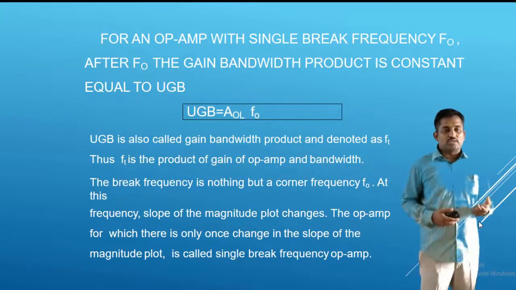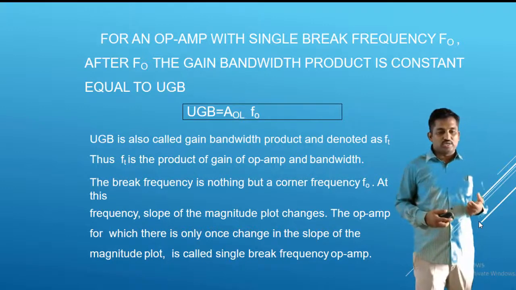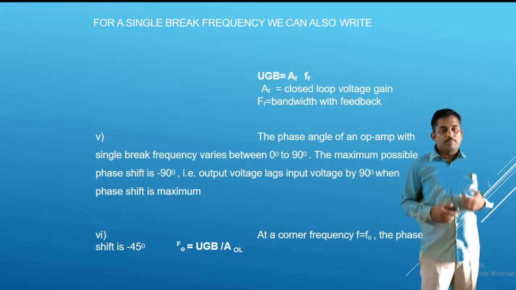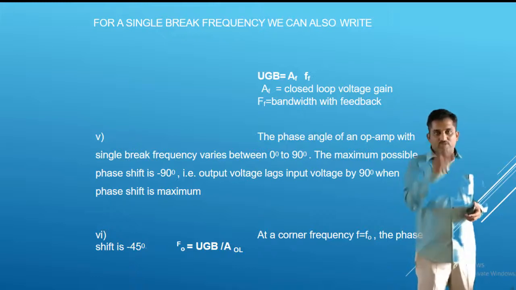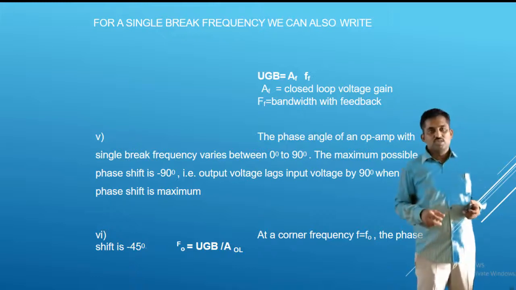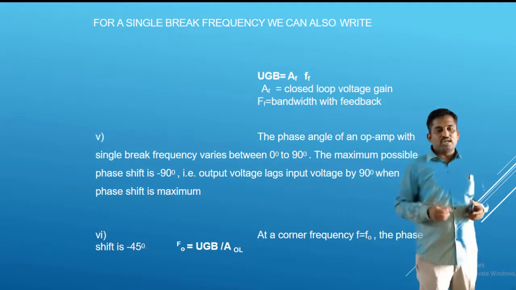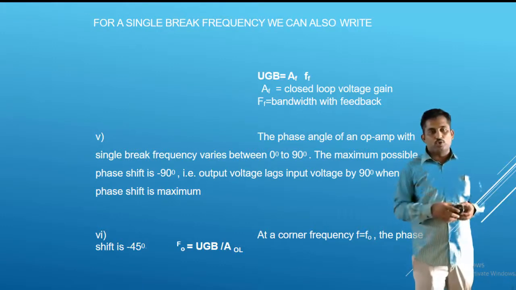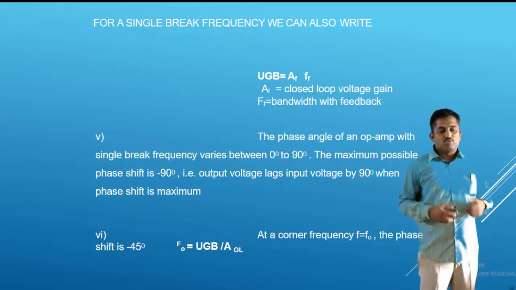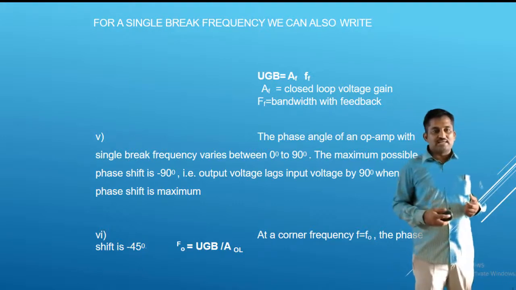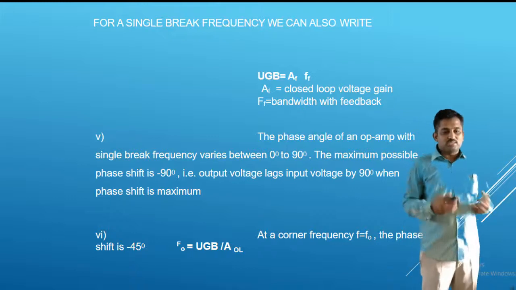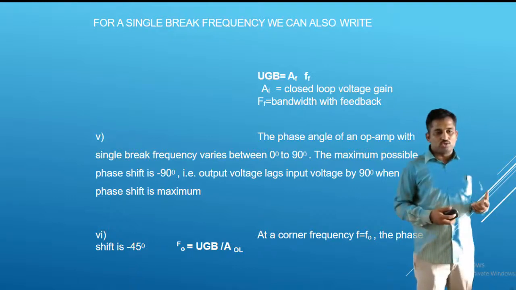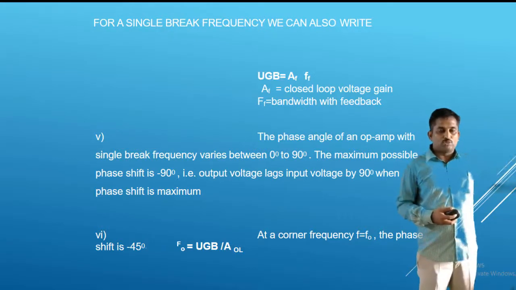There also you can treat it as UGB is equal to AF into fF. In the problems, sometimes they will not give the break frequency or corner frequency. Simply they will give the unity gain bandwidth or open loop gain of the op-amp. From that we can easily calculate the single break frequency. Next, with this graph we have drawn the magnitude plot as well as the phase angle plots.